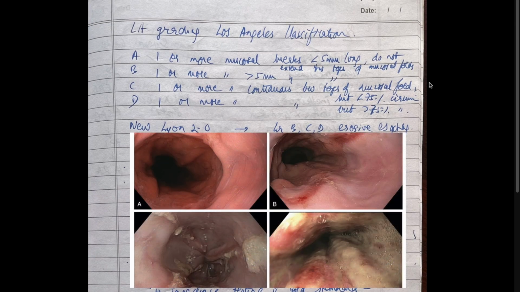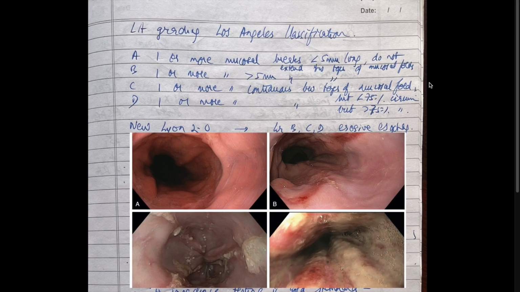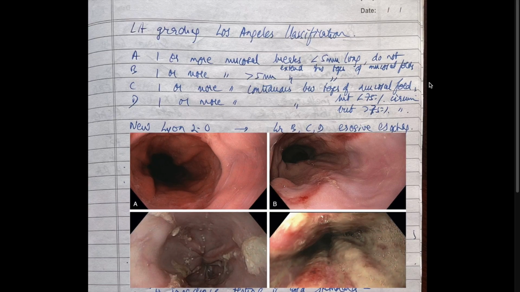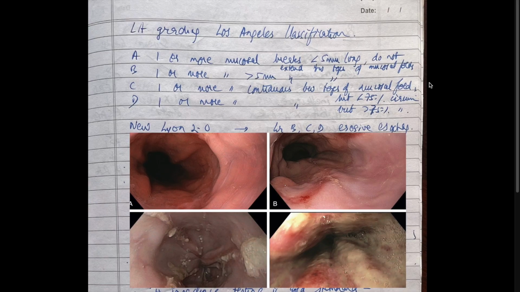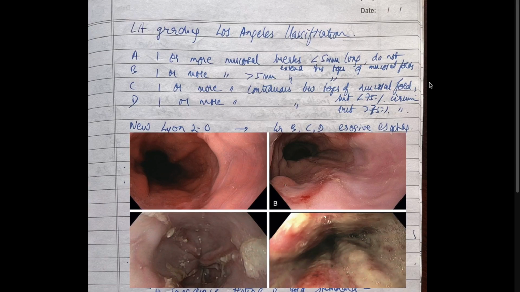LA grading, the Los Angeles classification of GERD. Grade A is one or more mucosal breaks that are less than 5 millimeters long and they do not extend between the tops of the mucosal folds. Grade B would be one or more mucosal breaks of more than 5 millimeters, but they do not extend between the tops of the mucosal folds.